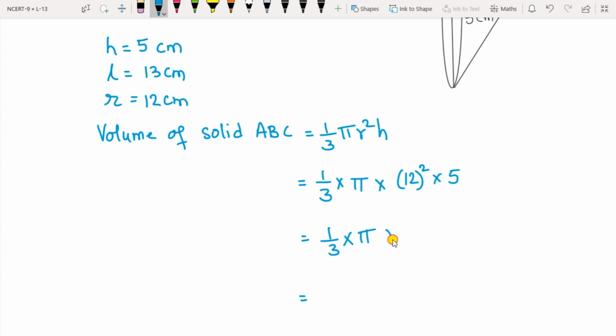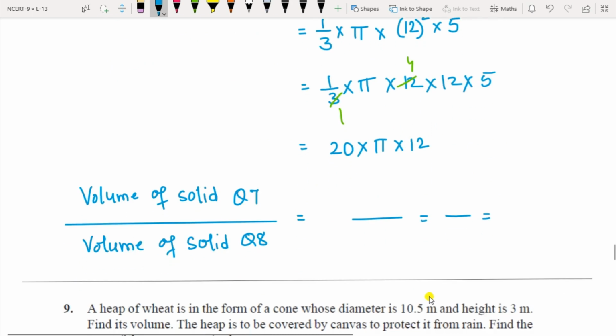So resolve it. 3 4s are 12. So remaining is 4 5s are 20 pi. 4 5s are 20 and multiply by 12. So it is 240 pi.